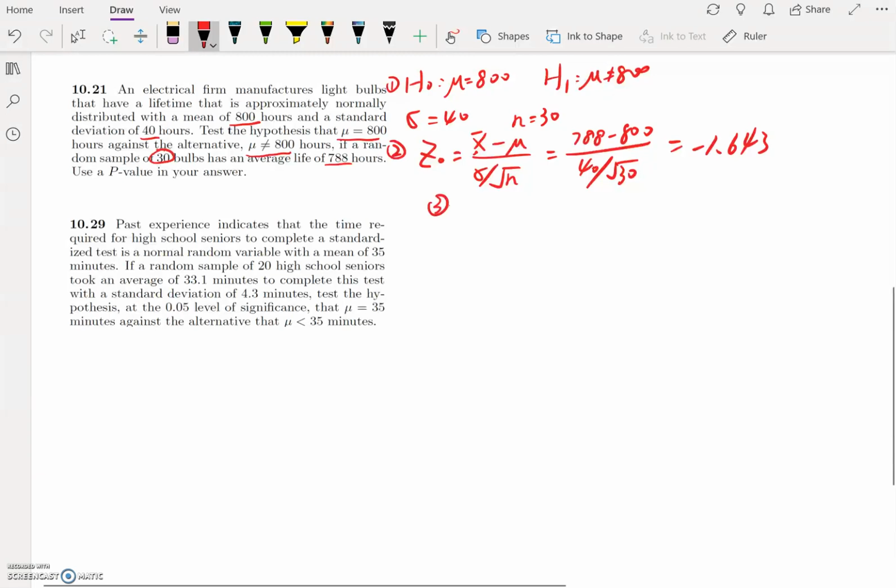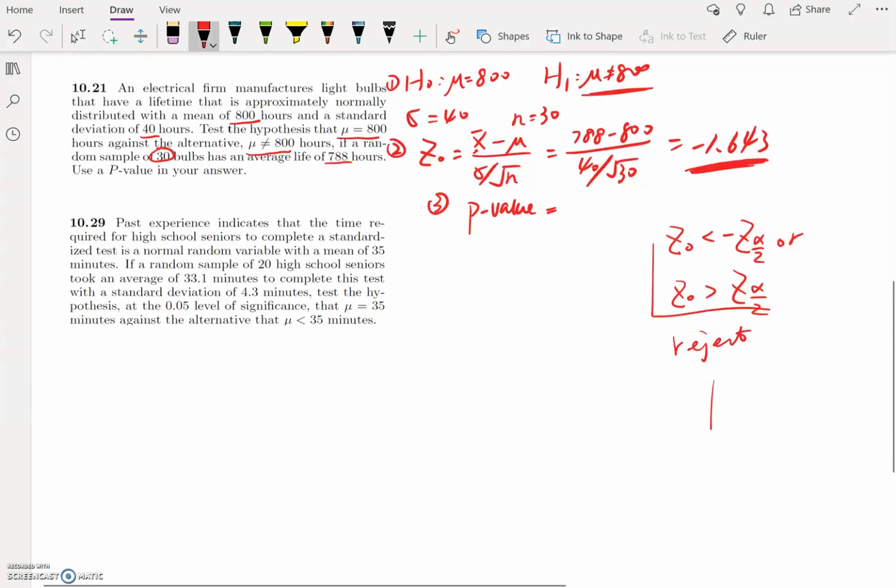Then third, we compute the p-value in this problem. Because the alternative hypothesis is doesn't equal, if z0 less than minus z alpha over 2 or z0 greater than z alpha over 2, then we reject. So there are two parts of the critical region.